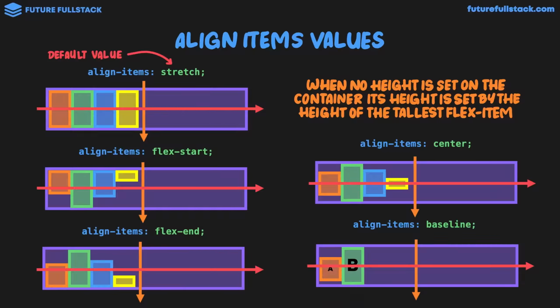I then have a flex item with the letter B, which I've made a lot larger, and flex items with the letter C and D, the same font size as A. Now the way baseline works is that the flex items are aligned along the cross axis so that the text baselines of each item line up based on the largest letter, causing the smaller flex items to adjust upward or downward to match the baseline. Now honestly, this one is a little bit niche and may seem a bit confusing, but we're going to run through all of these now inside VS Code.